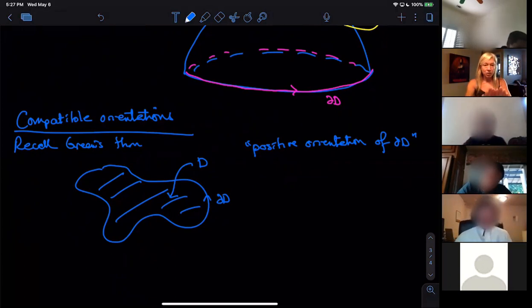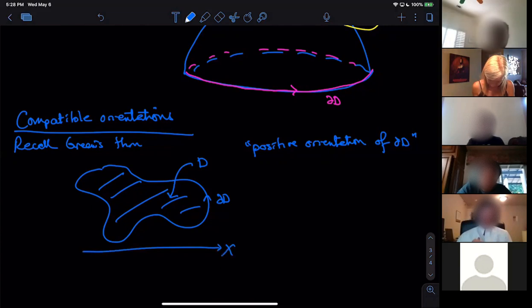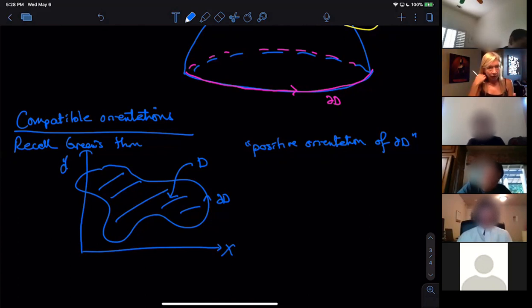So there, we didn't really have a choice of normal vector to the plane. We could have thought perpendicular that way or that way, but the default is just pick the one coming at you, because if I had the x and y axes like that, then the z-axis would be coming towards me. That's sort of the default normal vector to it. So since there was a default, we never had to mention the orientation of D. We just mentioned the orientation of the boundary relative to D.